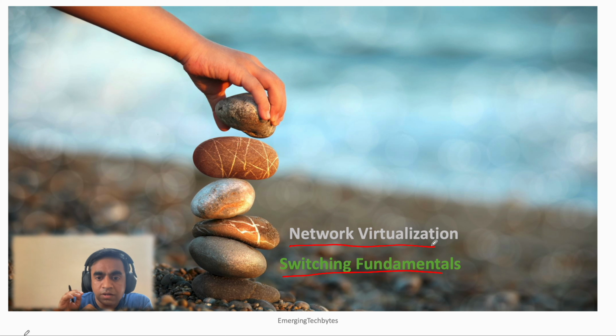But irrespective of EVPN, irrespective of VXLAN, irrespective of all these advancements that we are talking about, the fundamental behavior of Ethernet should not be changed. That's how Ethernet is designed.